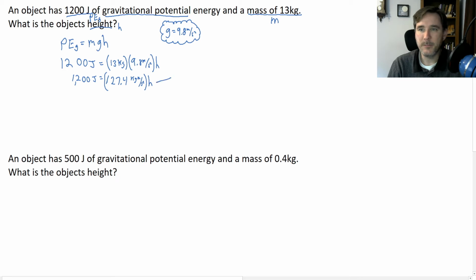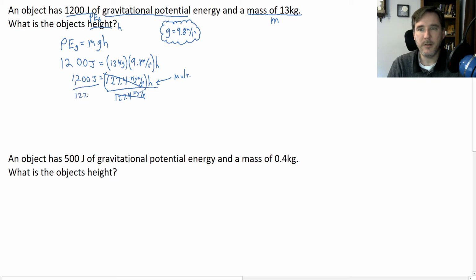And so since this is being multiplied, we need to undo that multiplication. The inverse of that is to divide. So I want to get h by itself. I want to get this 127.4 kilogram meters per second squared out of there, cancel that all out. Okay, but whatever I do to one side, I have to do to the other.